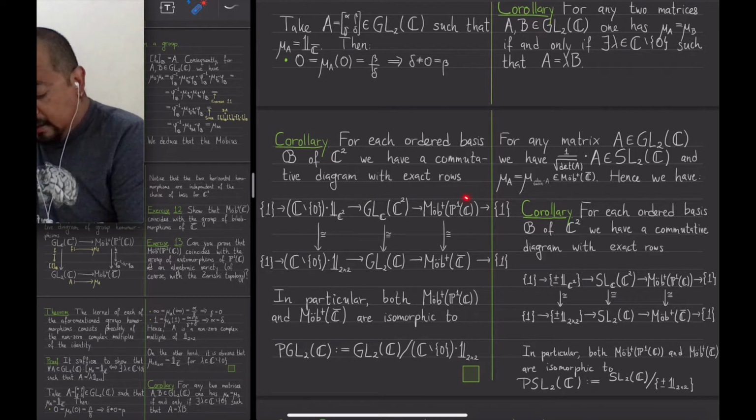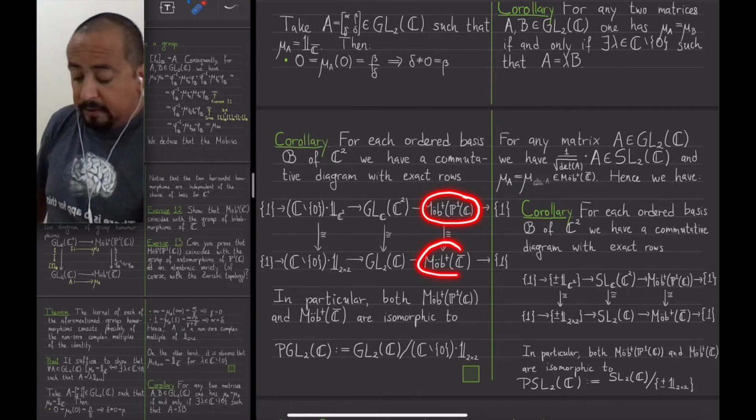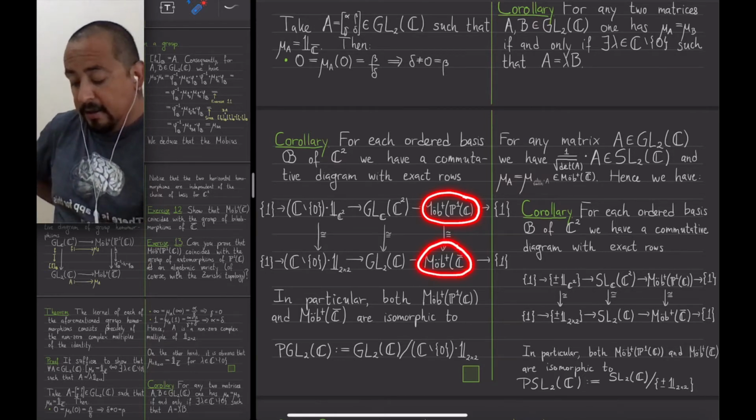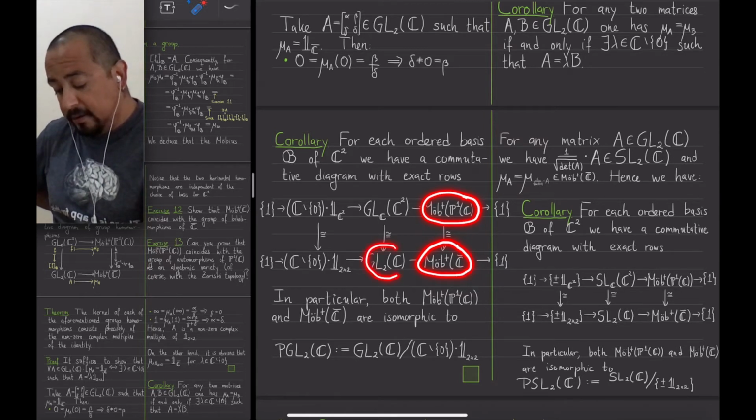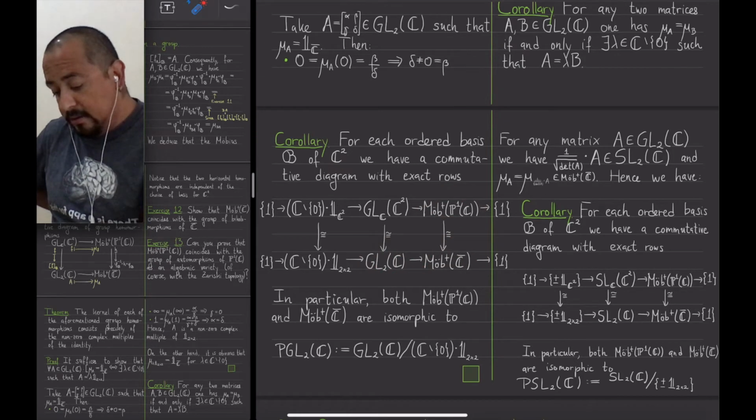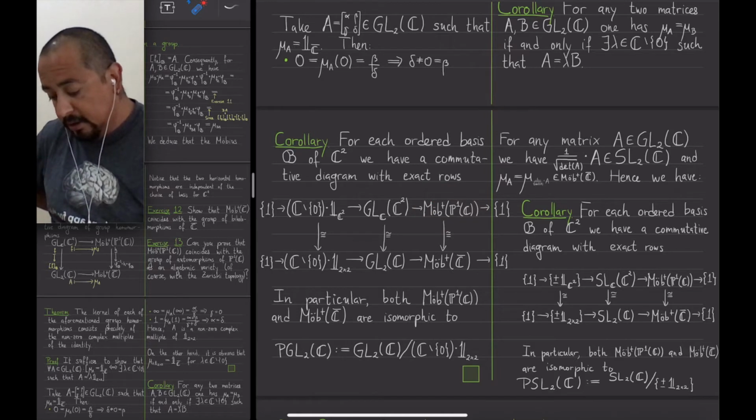And then we can associate to each Möbius transformation of P1C the Möbius transformation of C bar induced by the matrix representing the linear map, right? Okay, or if you want, representing the Möbius transformation.